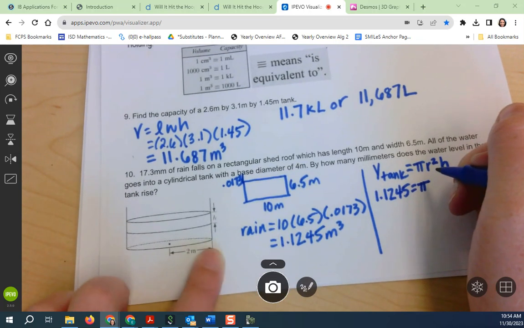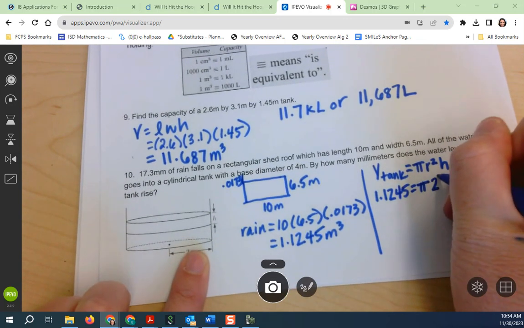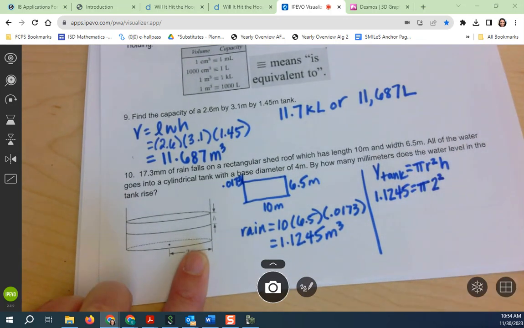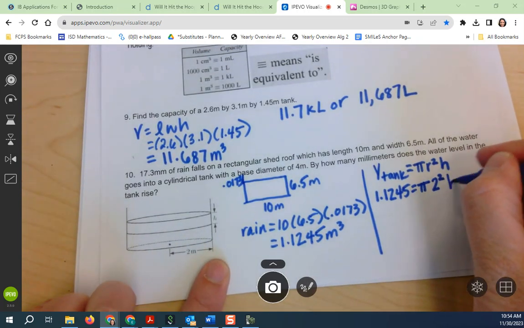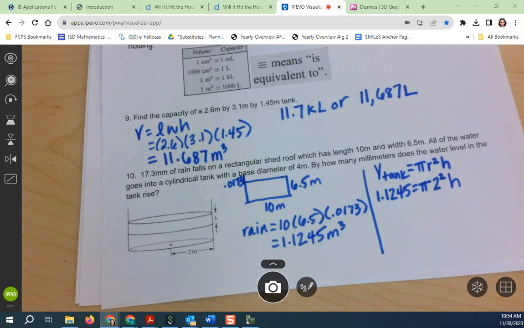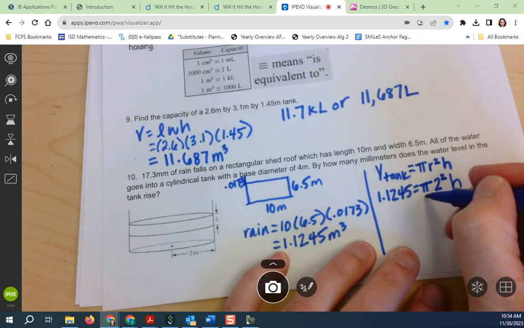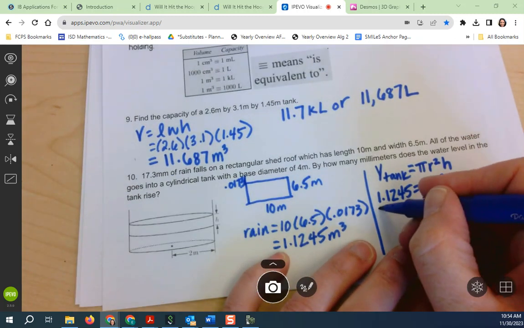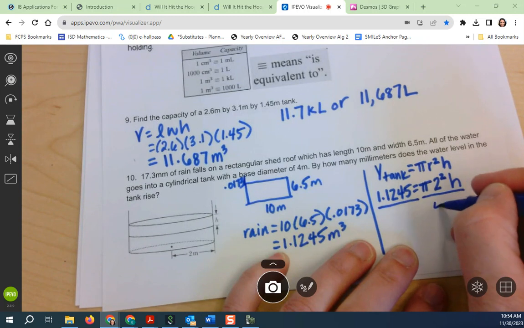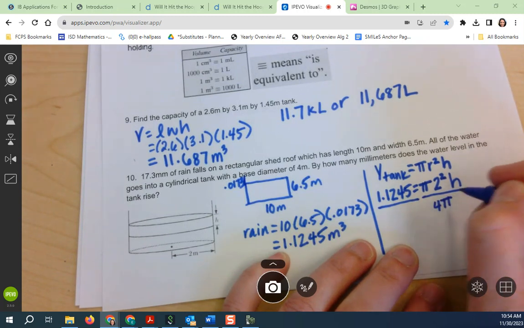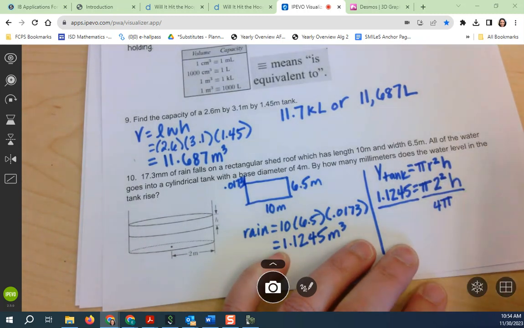The radius of the base is 2. And the height is what we're trying to find out. How far did the rainwater go up? So all we have to do is now divide by 4 pi on both sides, and we should be able to find out in meters how high it went up, and then we'll have to change that over to millimeters.